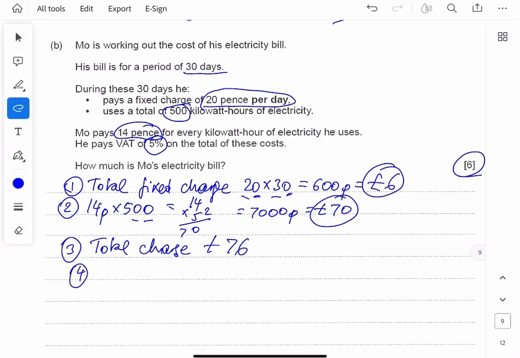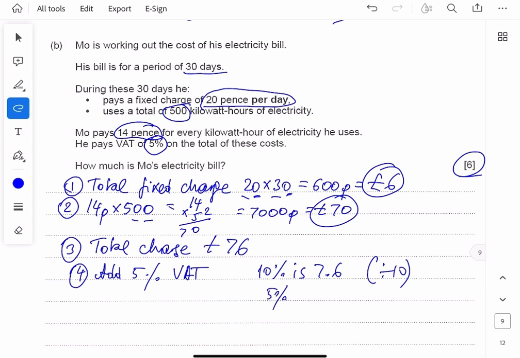Okay, and now we're going to work out 5% VAT. You should know VAT is value added tax, so we will be adding it to the price. That is tax. So let's find 5% first of our total charge of £76.